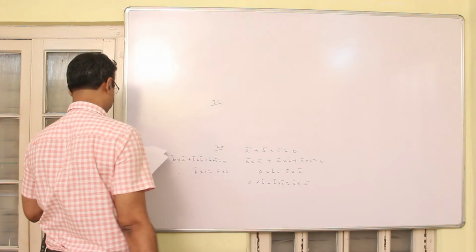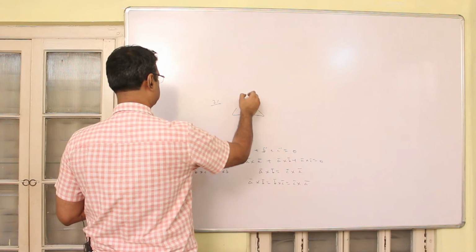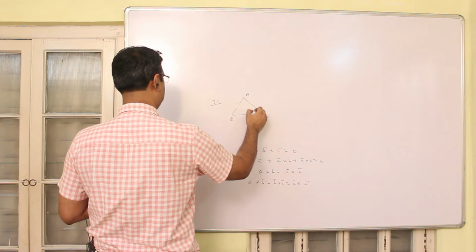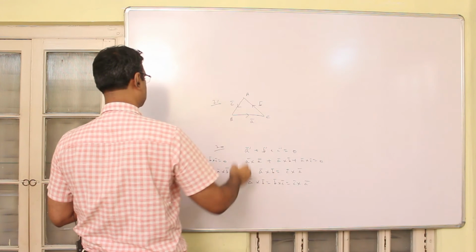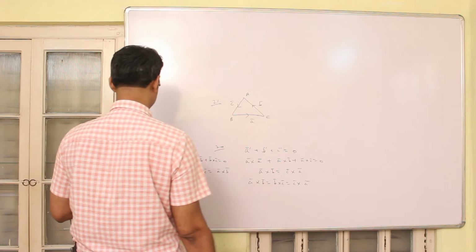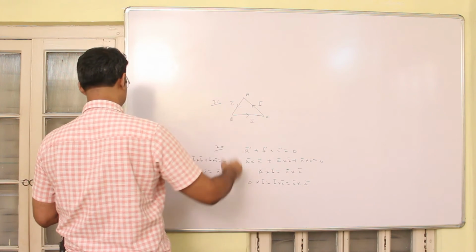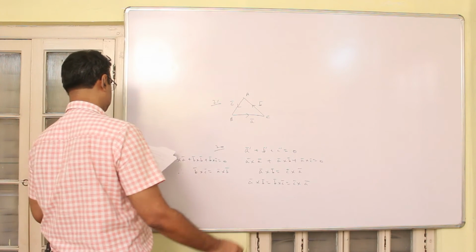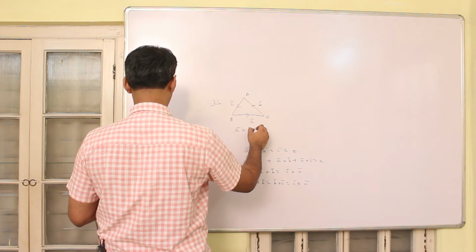Let's have a look at sum number 21. There is a triangle ABC. So vector A, vector B and vector C represent the three sides, and the question says you have to prove this.